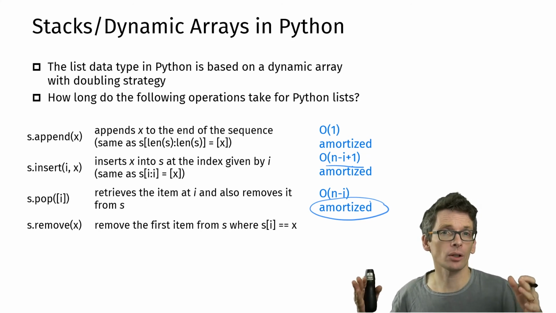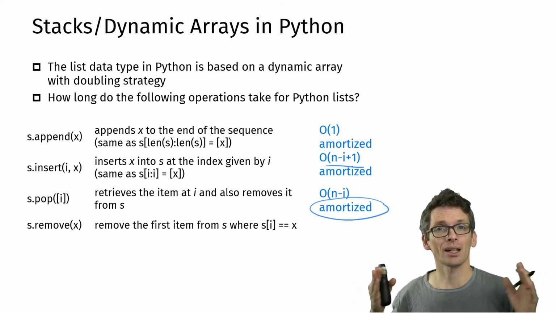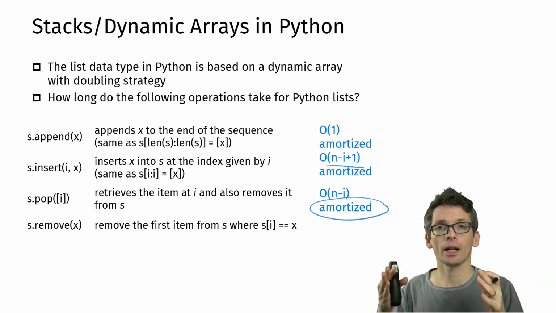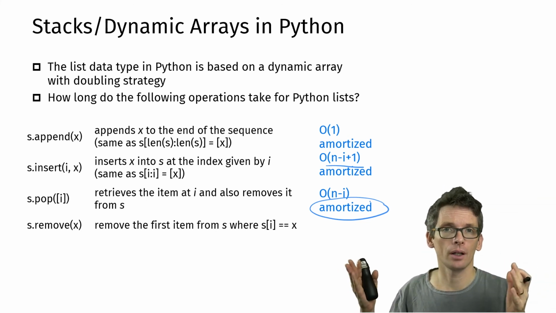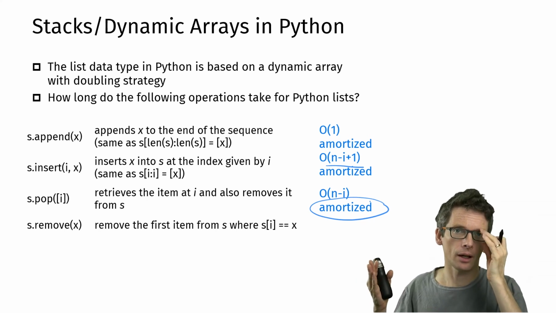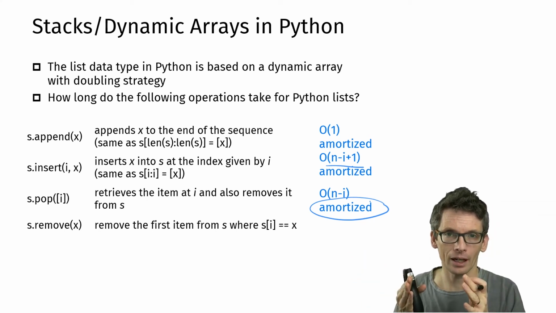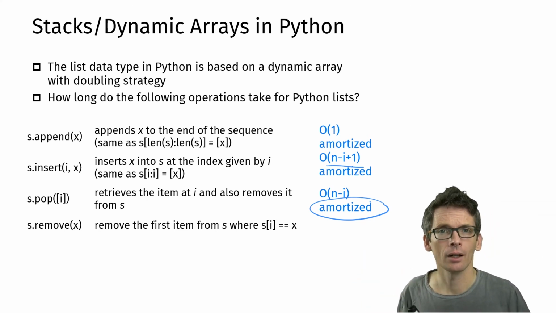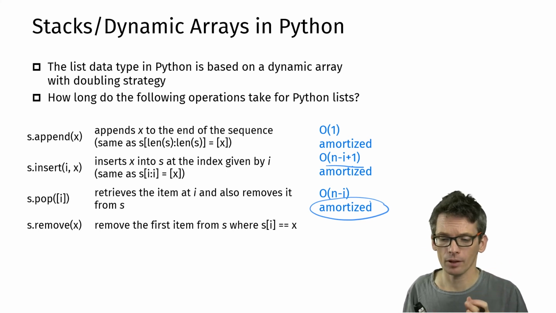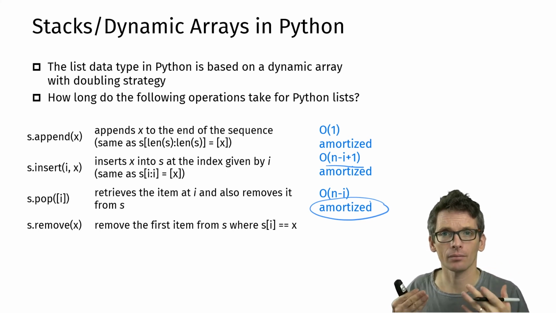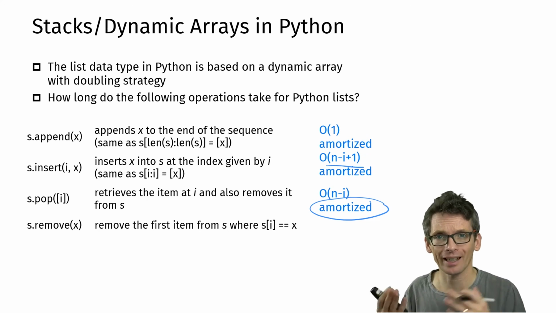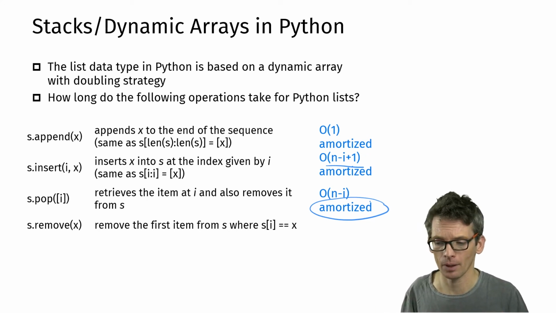So far we only talked about how to grow an array. But in principle, if we had a very large array or list, and we remove many elements, we might want to shrink it again. And that's what Python lists also do. Then again I have to do the copying, so then again I get amortized running time.